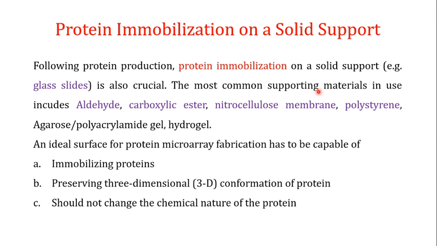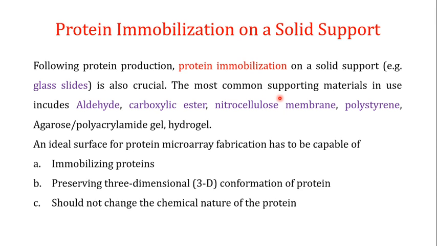The next important step is the protein immobilization, because if you cannot immobilize them on the solid support, that means you cannot actually detect your target in the sample. So following the protein production, the protein immobilization on the solid support is also crucial. And for this solid support, you can use a variety of them. You can use glass slides, you can use microtiter plates. A variety of protein immobilization solid supports are available.